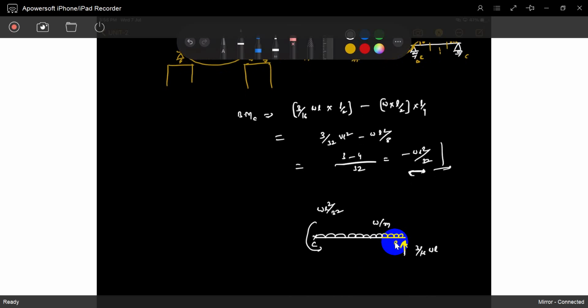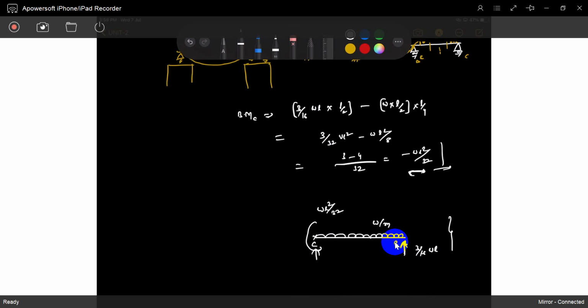And also, to balance the load, it is a free body diagram. Free body diagram means it itself is in static equilibrium. I will say it once again, a free body diagram is a self equilibrium. So C also has support.